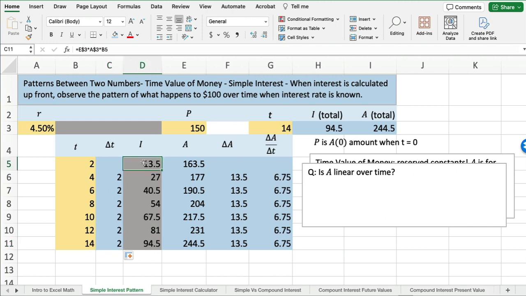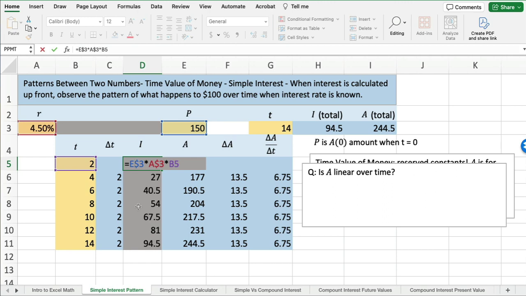Okay, let's figure out what our interest is if t is equal to 2. So if t equals 2, our interest equals $3 times $3 times B5. Make sure that anything that looks like a fixed reference is a fixed reference. Put those dollar signs in for the appropriate values, and then B5 is just B5.